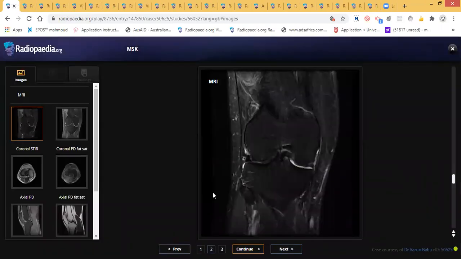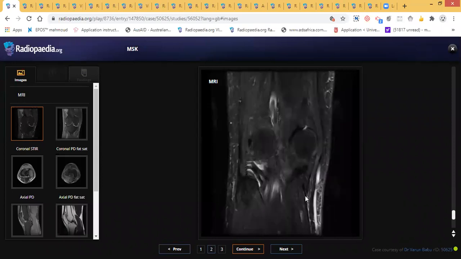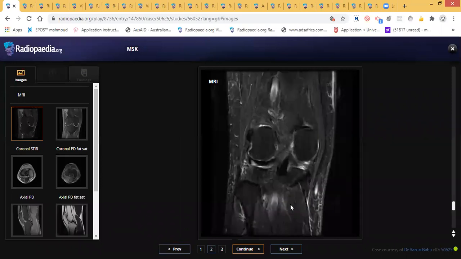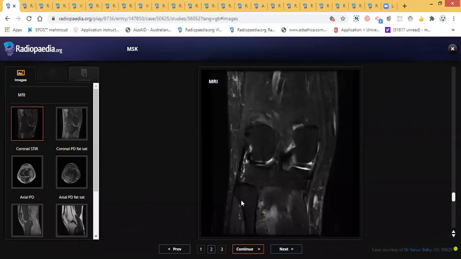So let's go to one, maybe it could be an easier case. I hope so. I think here this is the fibula. So this is the lateral tibial condyle, lateral femoral condyle, medial and medial. Any questions? Okay.